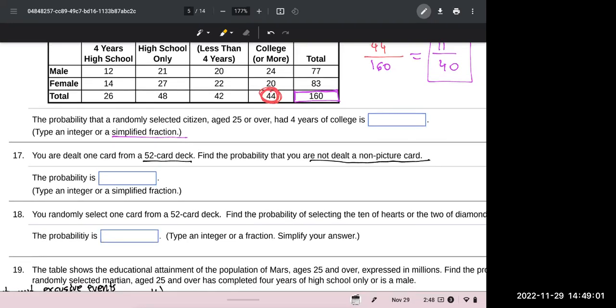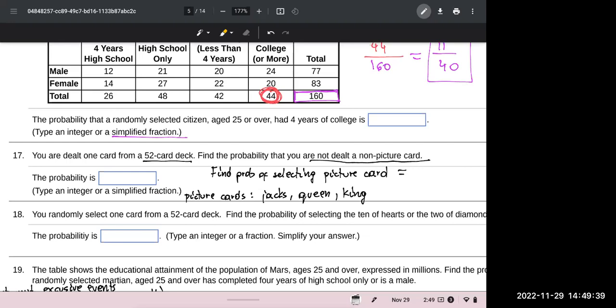So that means find the probability of selecting a picture card. So picture card, okay, that's going to be jacks, queens, kings.